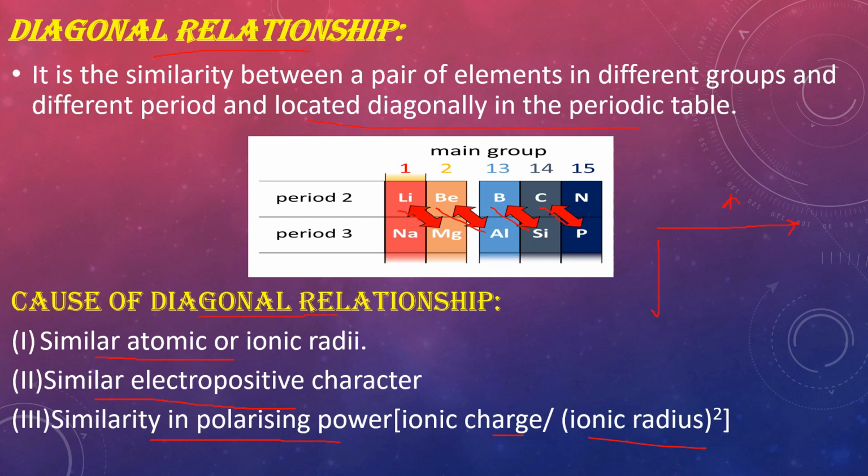When we move down the group, electronegativity decreases. That means when we move diagonally, the electronegativity remains the same. So due to the same electronegativity, the properties are similar. So lithium shows similarity in properties with magnesium, beryllium with aluminium, and so on. So this is the reason for the diagonal relationship.